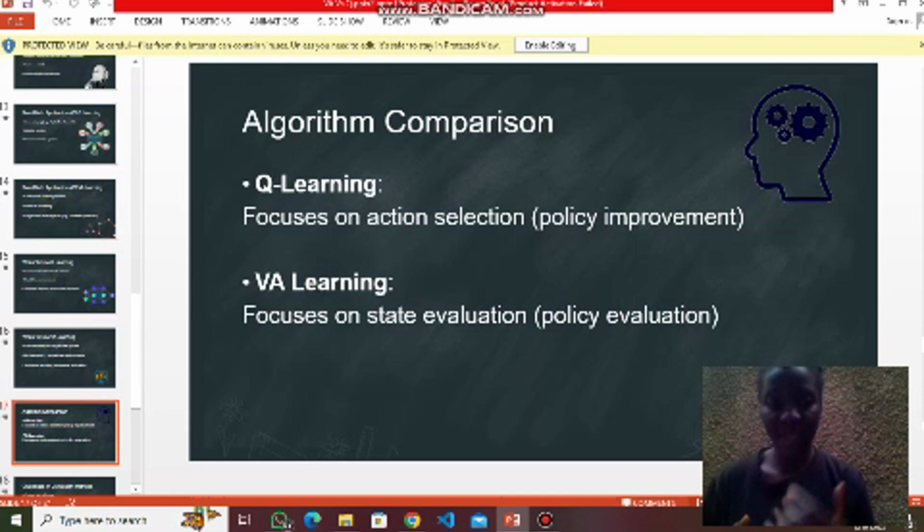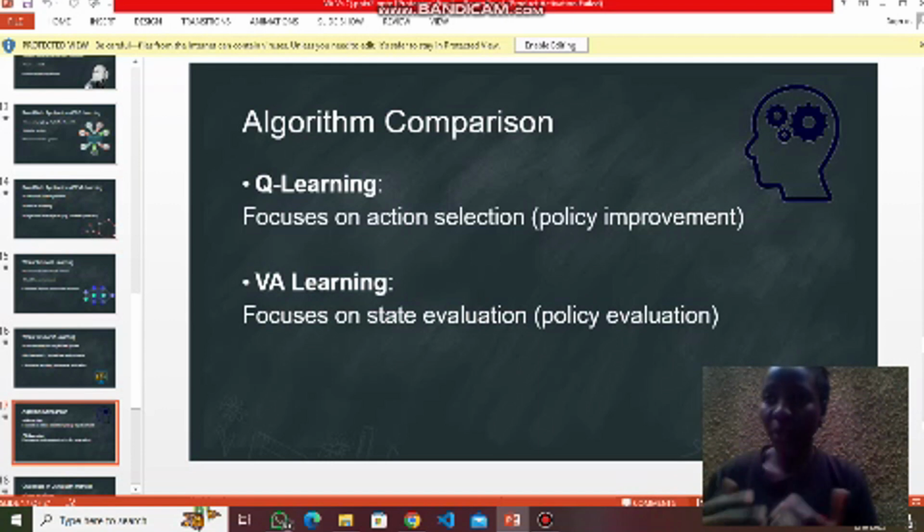To throw more light on policy improvement, it's used in value and policy iteration to evaluate how good a policy is, whether it's improving or not. That's why we call it policy improvement.